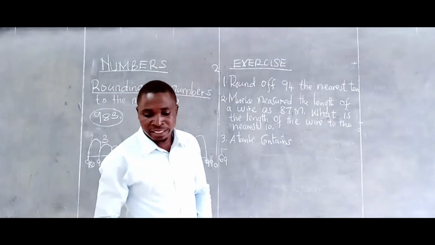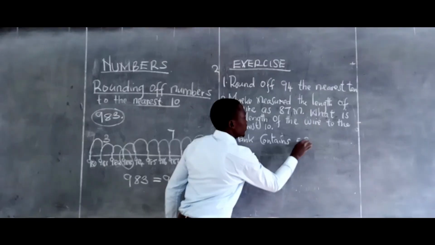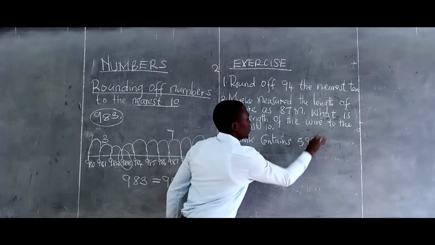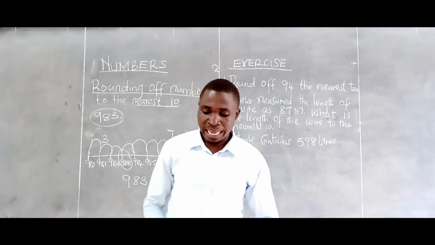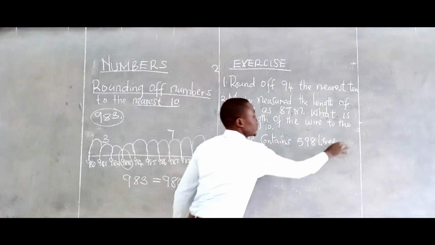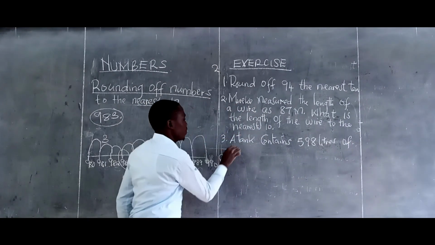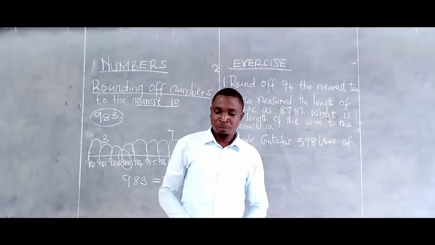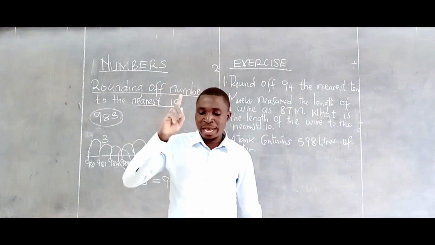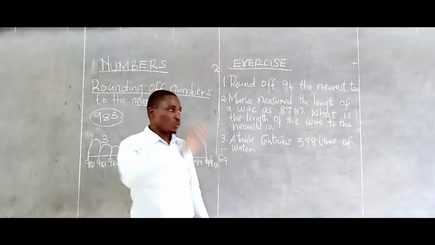A tank contains 598 liters of water. How much water?